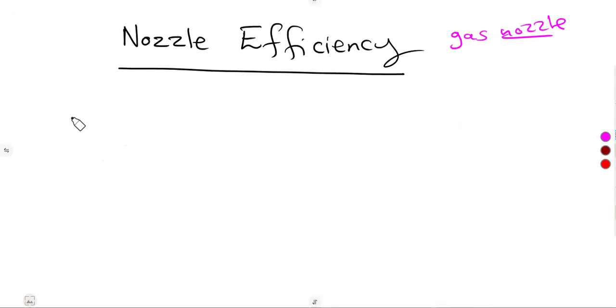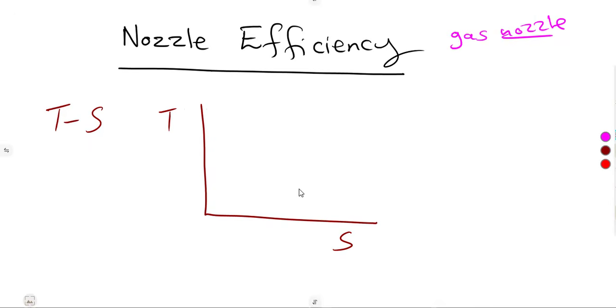So I want us to consider, on a basic view, when everything is perfect, from our TS diagram, temperature-entropy diagram, we are going to notice something like this. No friction, nothing. Temperature, and this is our entropy. This will be P1, okay?